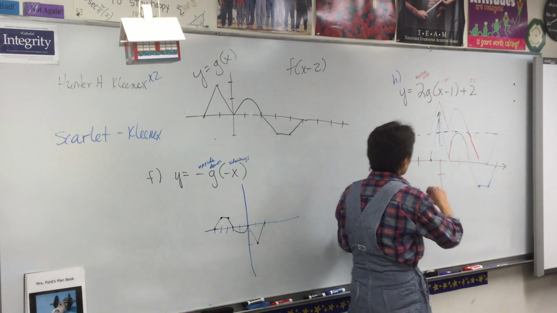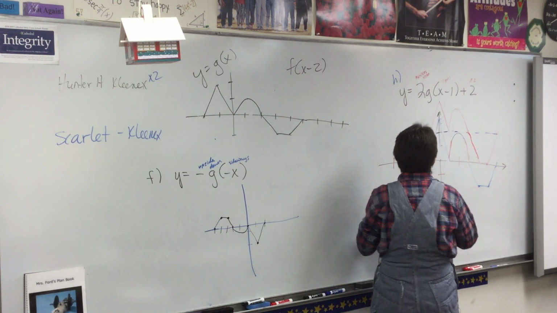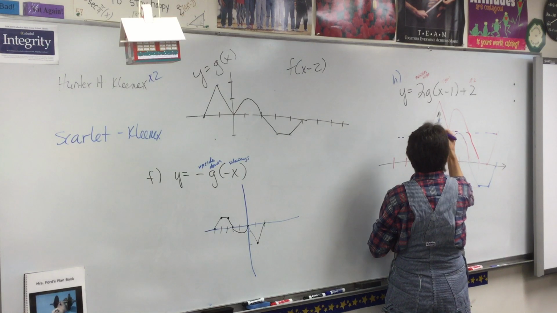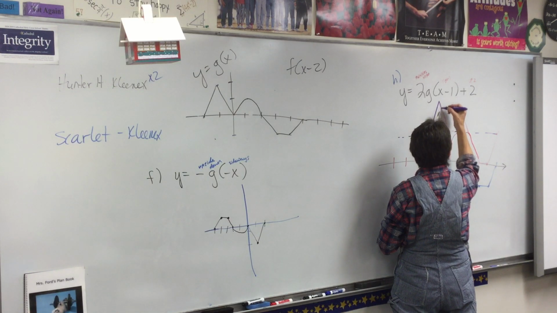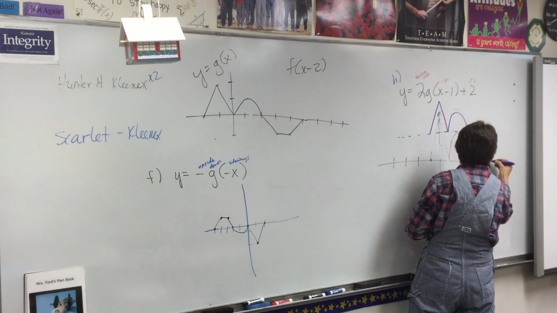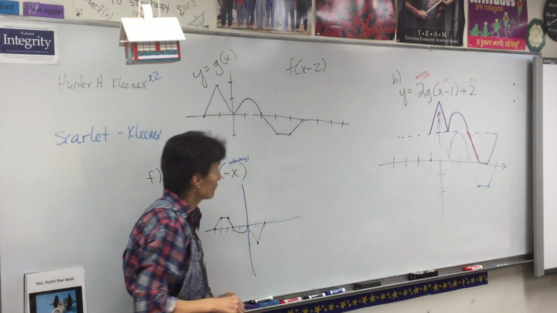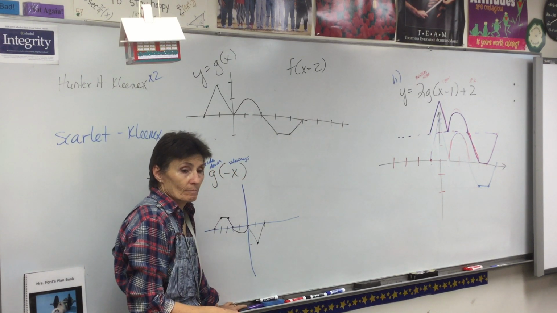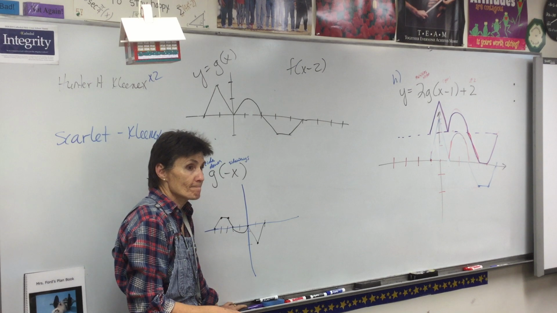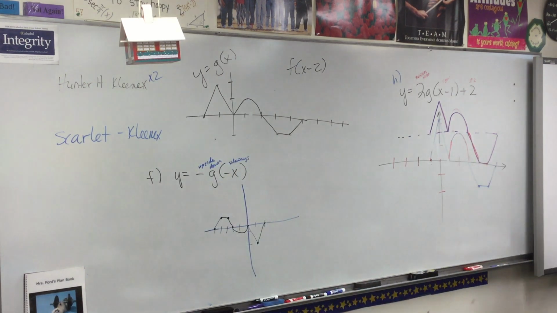So they got their problem in various stages, but their final answer is this one right here. This is the shifted, stretched, and lifted picture. Okay? Now, it's hard on the board. When you're on your graph paper, it's easier because you can actually count.